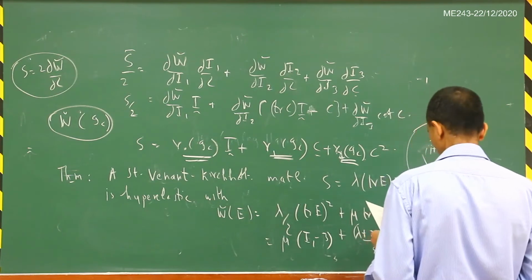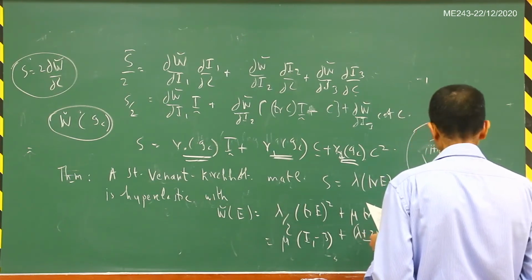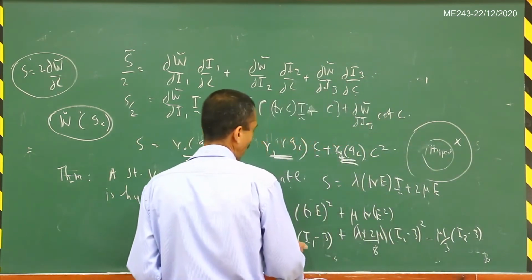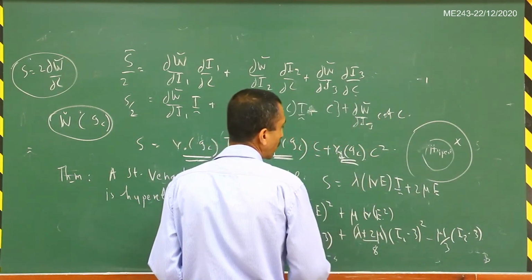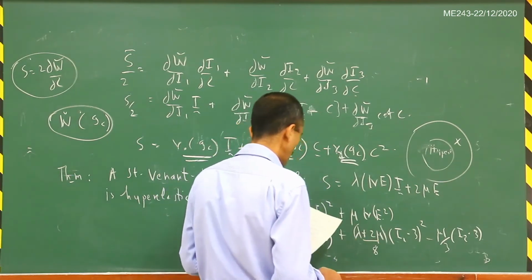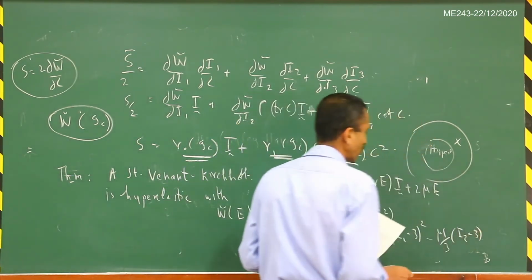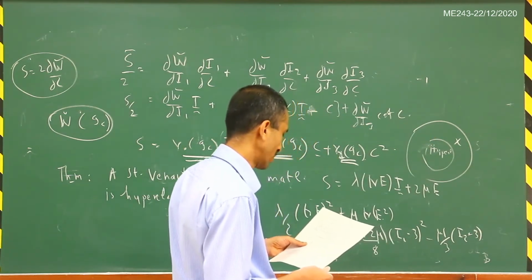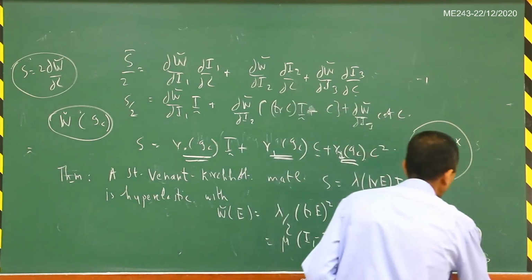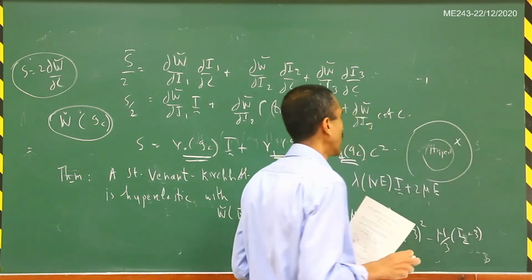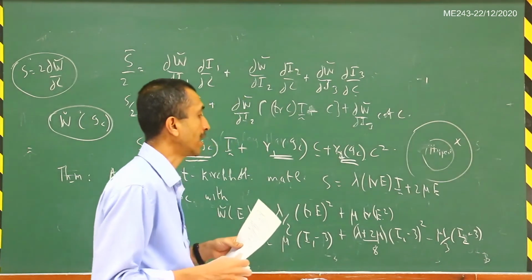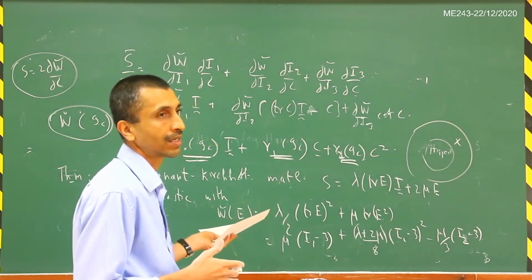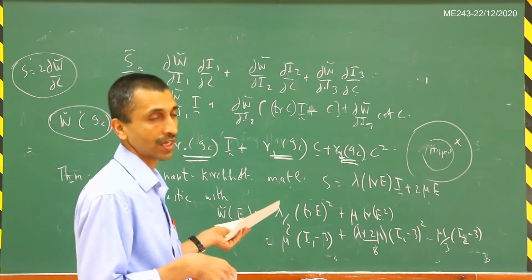Okay, so you can see here, we will show this, but before that, you can see that it is a function of the principal invariants of C, the right Cauchy-Green strain tensor. Because it's a function of the principal invariants of C, it is automatically hyperelastic and isotropic, and it also satisfies material frame indifference.